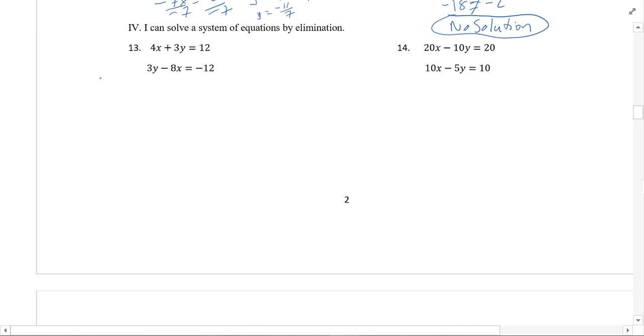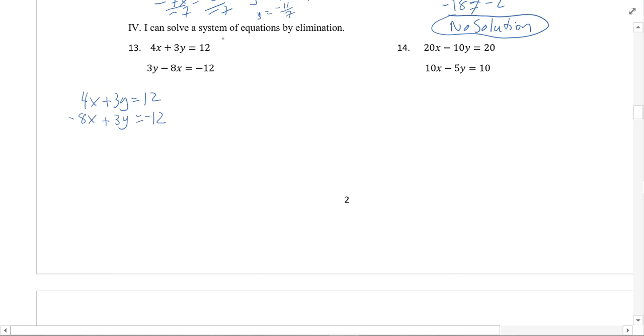So I'm going to rewrite underneath here. I have 4x plus 3y equals 12. Now for my bottom equation, I want the x to come first. Since it's a -8x, I'm going to make it -8x. This is a positive 3y, so I'm going to say plus 3y, and then equals -12.